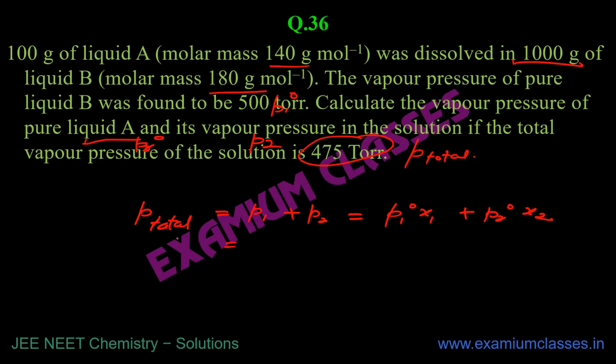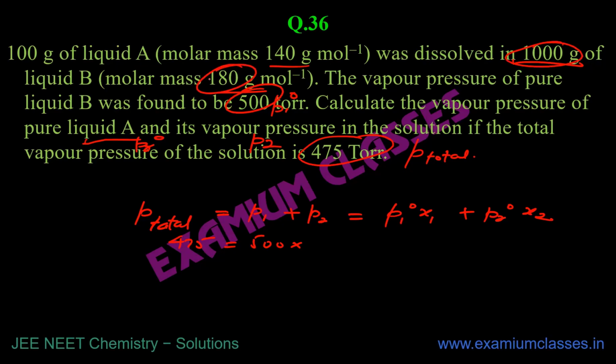P total is given 475 torr. P1 naught is given 500. So I'm using this one, 500 into mole fraction. I have to calculate. Obviously, you can calculate mole fraction because 100 gram, its X1 will be 1000 gram divided by 180 gram.